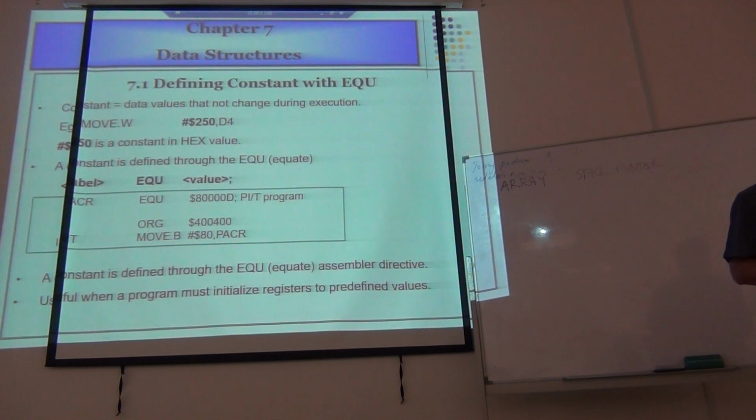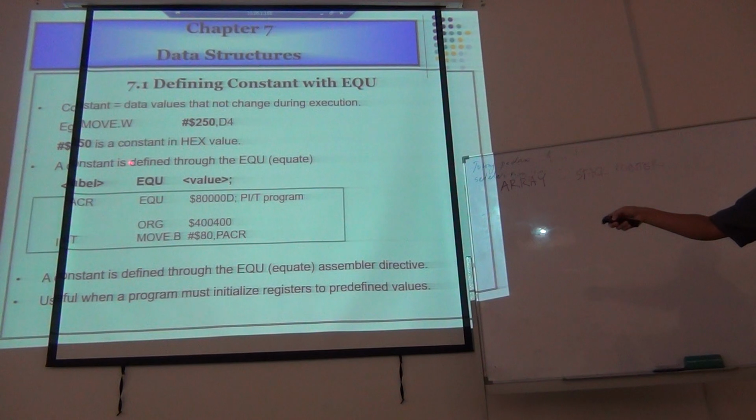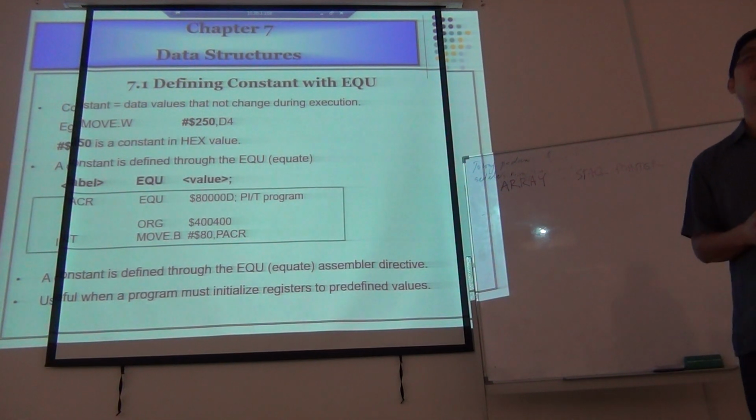EQU is another declaration. Here, this is the name, equate, this is the value. You are going to use this name anytime later. Once you have declared it, you can use it anywhere in your code.